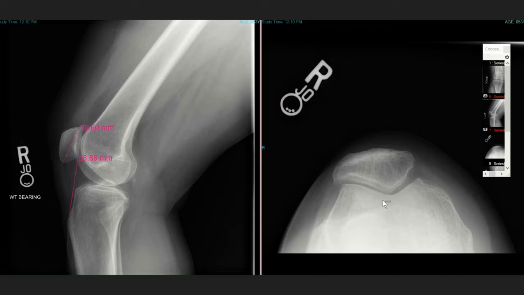So here is the intercondylar sulcus. Here, I have my mouse pointed on it, and the apex of the patella is right there. So would you say that the apex of the patella is centered over the deepest part of the intercondylar sulcus? It looks like it is.